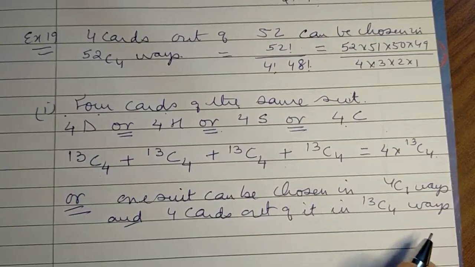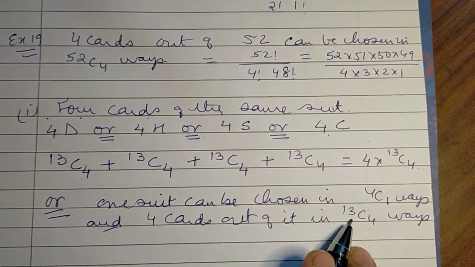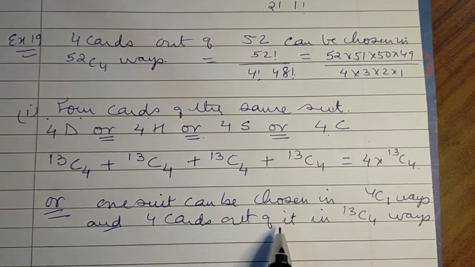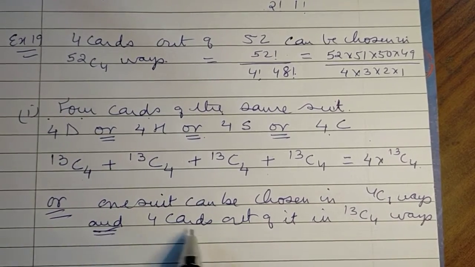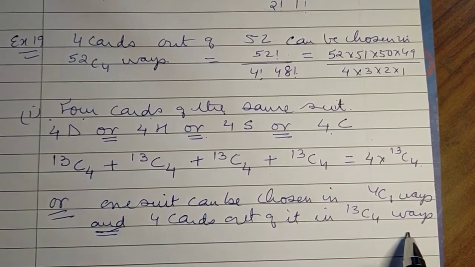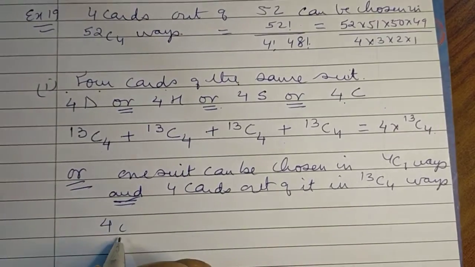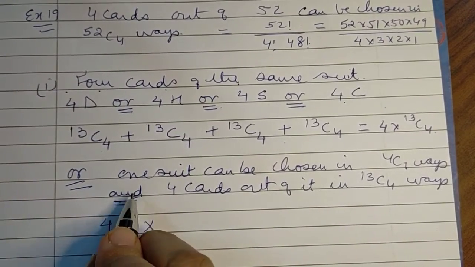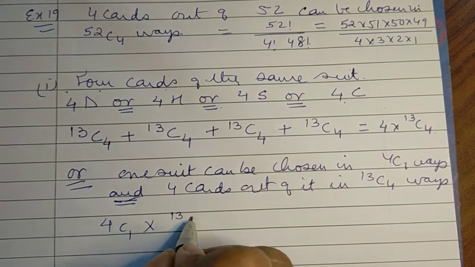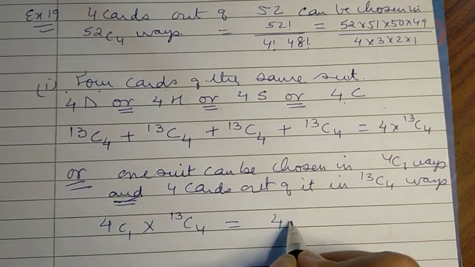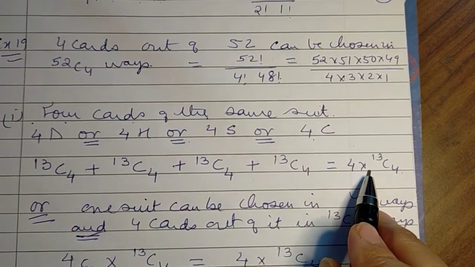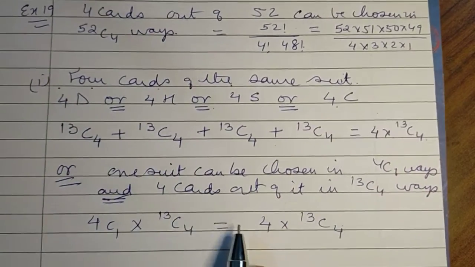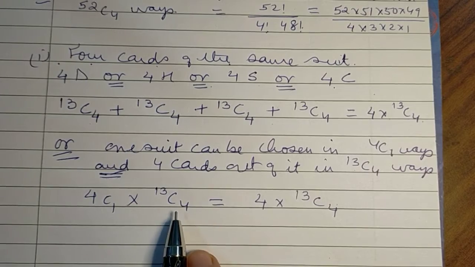Again, the procedure is not complete unless we do both the steps. That is, we first choose one suit and then 4 cards out of that. So it can be done in 4C1 into, because of this and, 13C4, which amounts to again 4 into 13C4, which is the same answer as this one. So whichever way you feel comfortable, you can do it in that way.